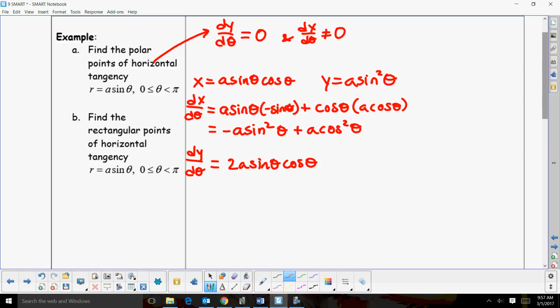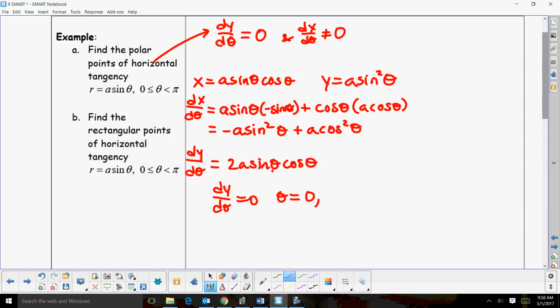So now I know that I need to find where dy d theta equals 0. So that's going to happen when theta equals what? What can I plug into this one? 0, then what? It says pi is not included. Good.